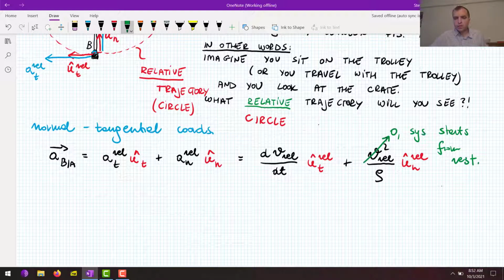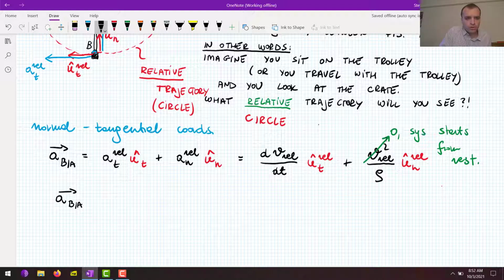Not only this value, if the system starts from rest, you can basically set every single velocity or angular velocity to 0 because the system is at rest. And this simplifies our problem tremendously, right? Because now we can see that our A_B/A has only one component, a_t rel u_t.